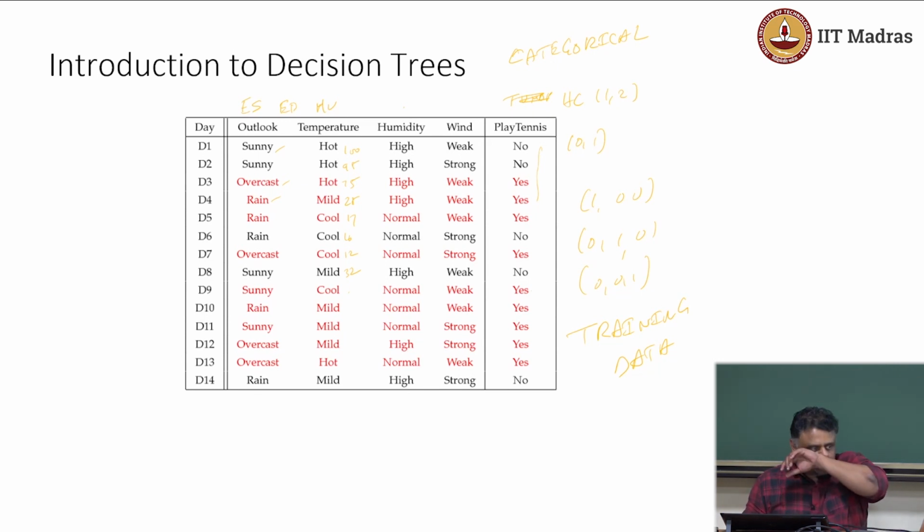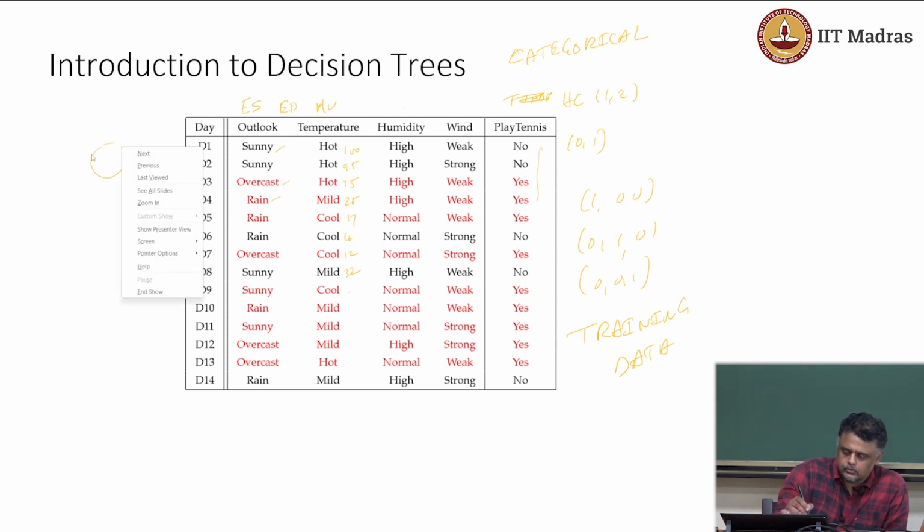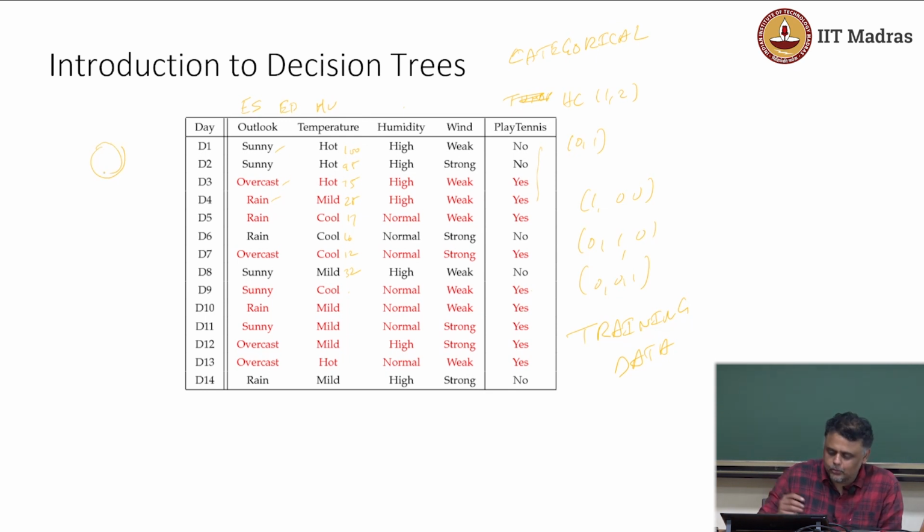So we start off with, I just draw here again. Sorry about this, I am so used to that other one, doesn't matter. So this is your root node. This has all the data points, I think 14 data points here, right? All the data points are here.